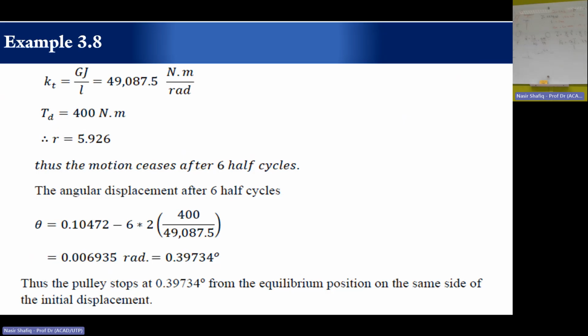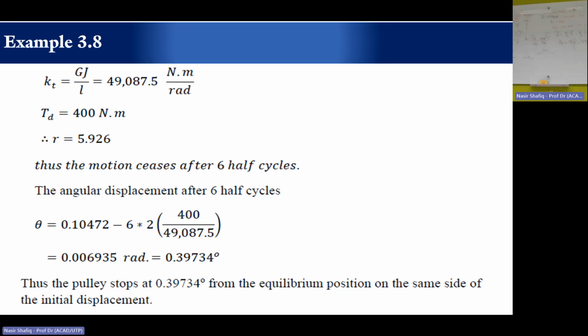Correct. So now this is the angular displacement. So initial was 0.16. After 6 cycles, because this is 2D, so 6 times 2D.